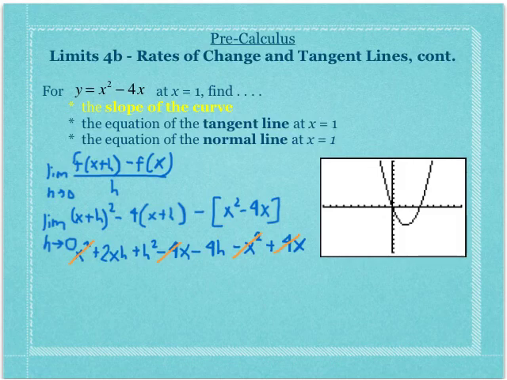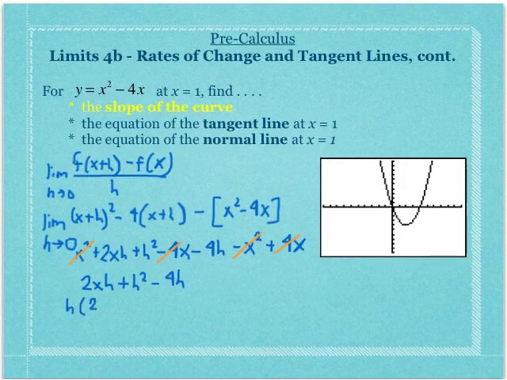So what I have left then is 2xh plus h squared minus 4h. Again, that h is in the denominator. It looks like I could factor out an h from all these.